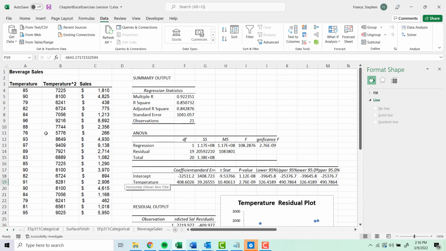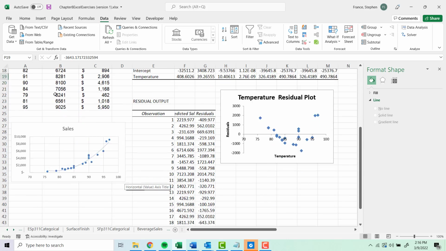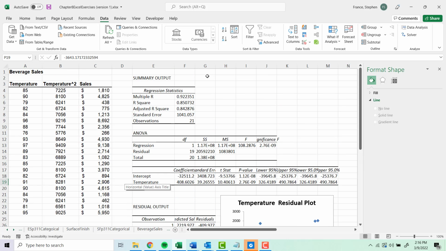So just to summarize, we looked at incorporating our squared terms in our model. We previously had this model: sales equals beta 0 plus beta 1 times temperature.